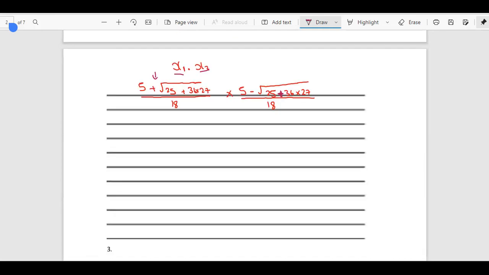This was the question. Now clearly in the denominator I am going to get 18 into 18, and if I look at these two factors, isn't it of this form, a plus b, where a is 5 and b is the under root 25 plus 36 into 27, into a minus b, and I know that a plus b into a minus b gives me a square minus b square, right?